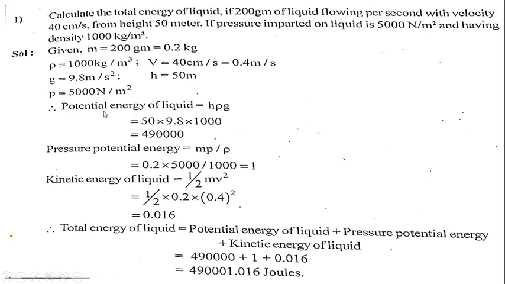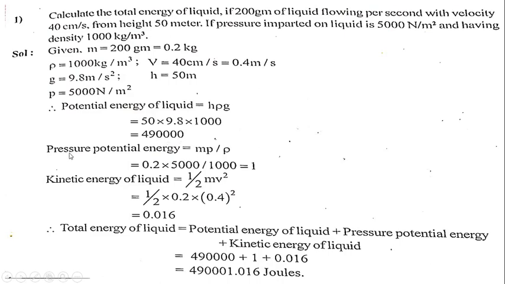Now therefore potential energy of liquid equal to H rho g, that is 50 into 9.8 into 1000. After multiplication, potential energy of liquid is equal to 4,90,000.